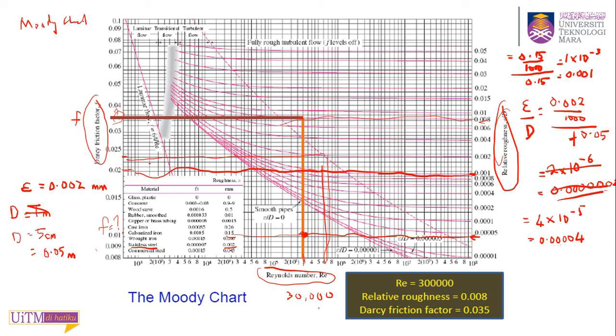Maybe my line is not too precise. So you get your F equal to 0.023 from the Moody chart.